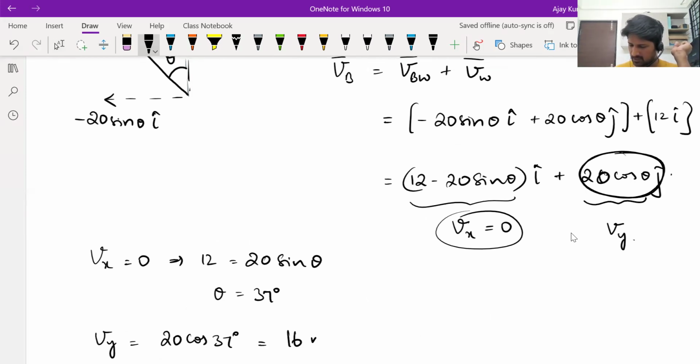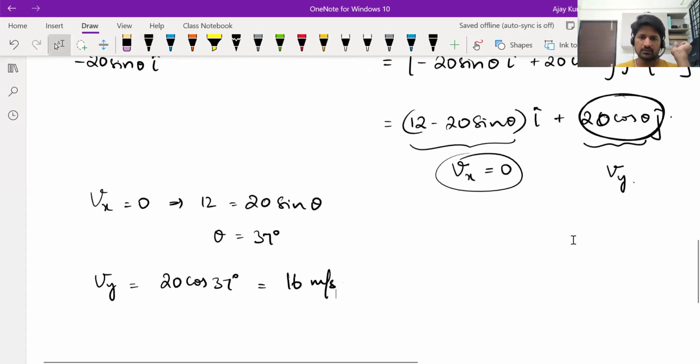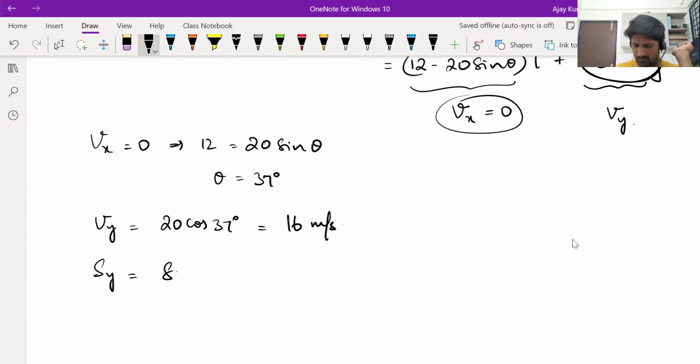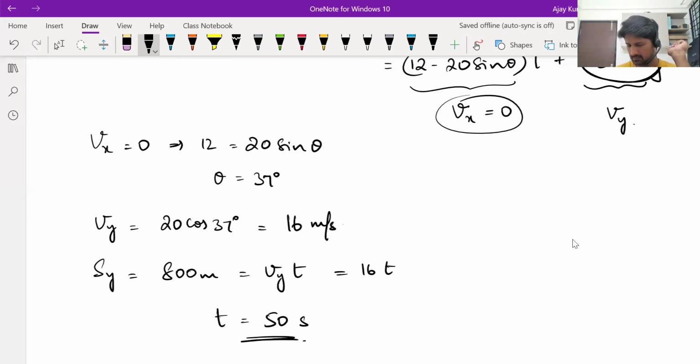Cos 37 is 4 by 5, so that becomes 16 meters per second. That 16 is what helps it cross the river. We know displacement in y direction is velocity in y direction multiplied with the time, since there's no acceleration. So 16 into t equals 800, t is 800 by 16, it takes 50 seconds to cross the river.